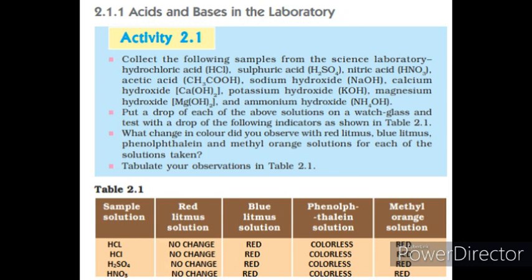When we test them with the help of red litmus solution, you will see that there will be no change. In blue litmus solution, they all turn red. In phenolphthalein, they decolorize it from pink to colorless, and the solution of methyl orange turns red due to the action of these acids.